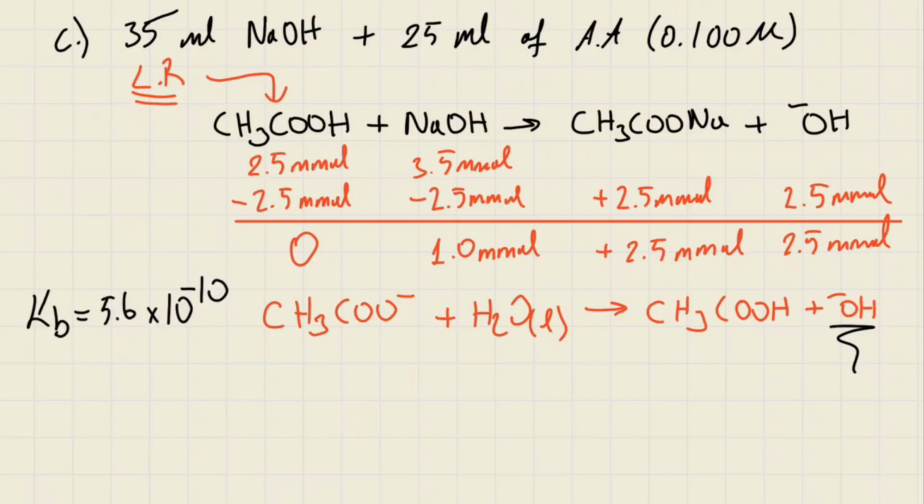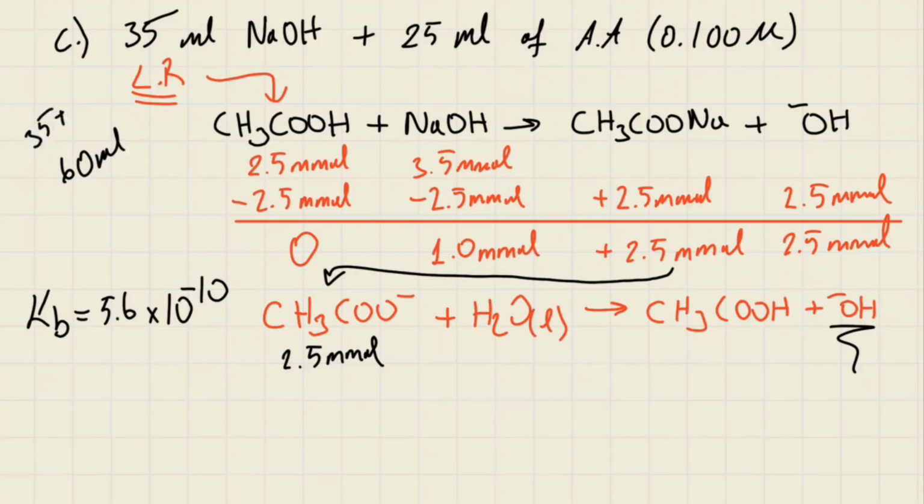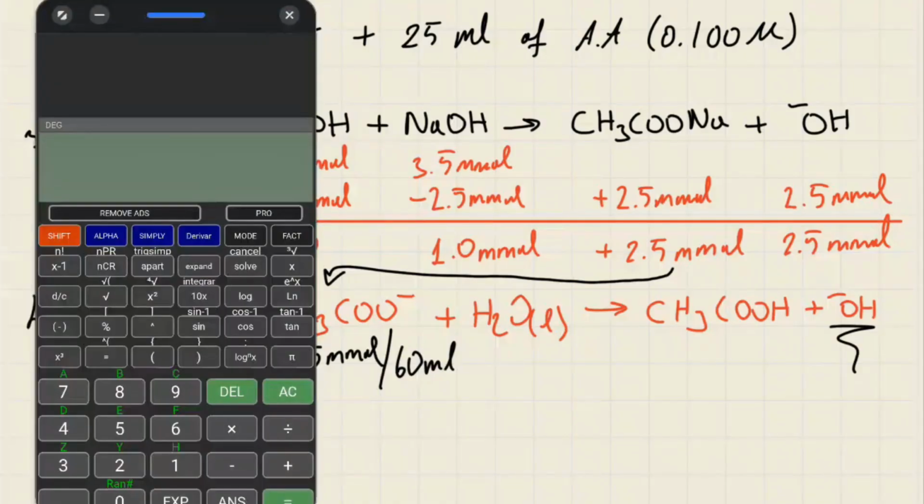So we have acetate 2.5 millimole, and the total volume here is 60 milliliter. 35 plus 25, right? It is 60 milliliter. So I will divide this number to go back to the molarity. 0.0417.